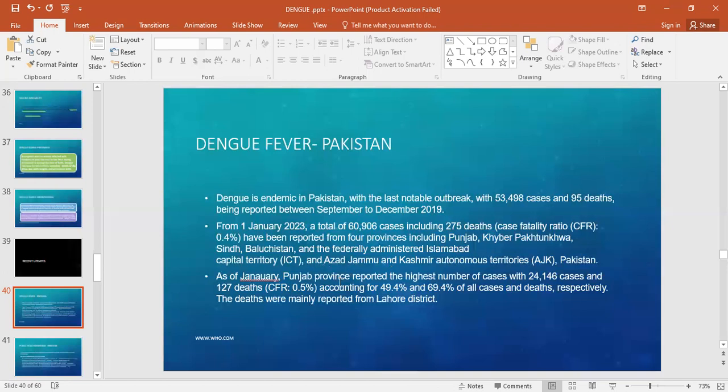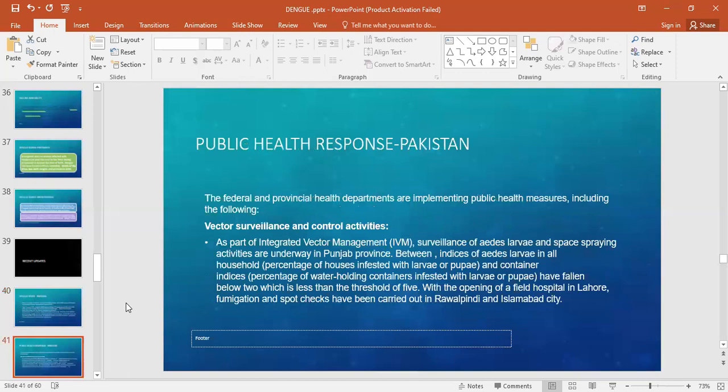As of January, Punjab province reported the highest number of cases with 24,146 cases and 127 deaths, and a case fatality ratio of 0.5, accounting for 49.4% and 69% of all cases and deaths respectively. The deaths were mainly reported from Lahore district.